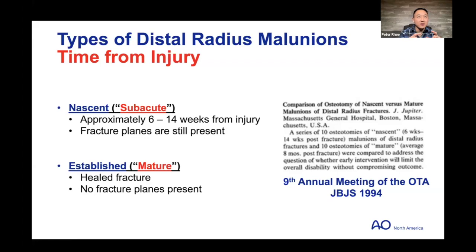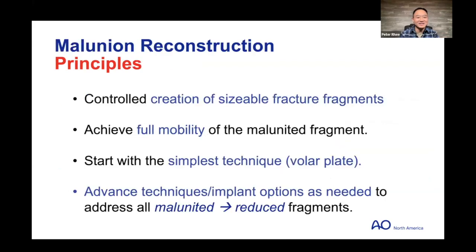I think the main thing is the fracture planes that may still be present, where there's still immature bone that you can use as a guide in these inherent weak areas to perform your osteotomies. And with established malunions, you kind of just start from scratch.